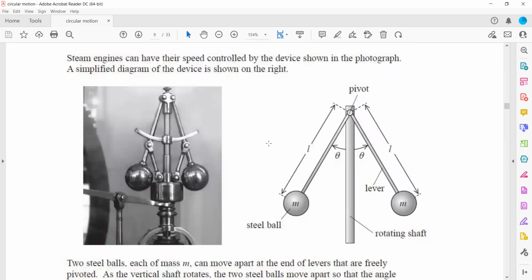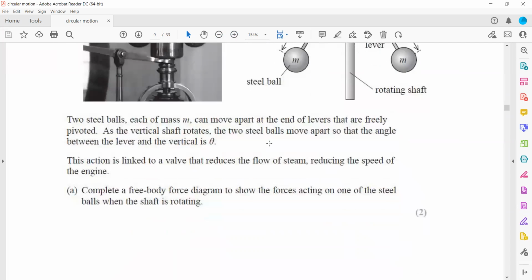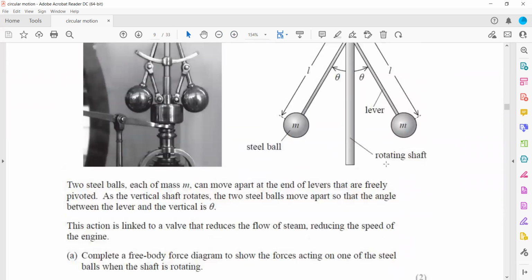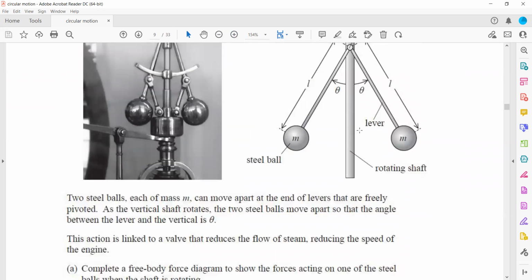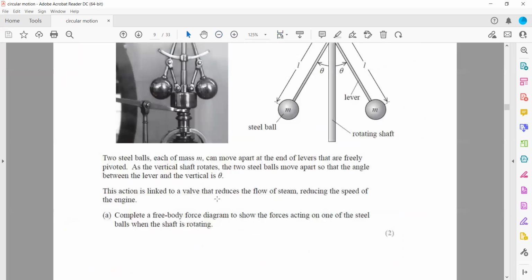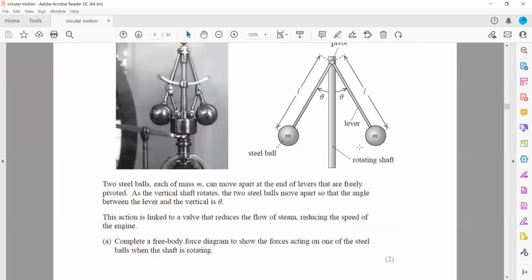A simplified diagram of the device is shown on the right hand side. The two steel balls, each of mass M, can move apart at the end of a lever, and they are free to move and pivoted. As the vertical shaft rotates, the two steel balls move apart so that the angle between the lever and the vertical, that is theta, increases. This action is linked to a valve that reduces the flow of steam, reducing the speed of the engine.